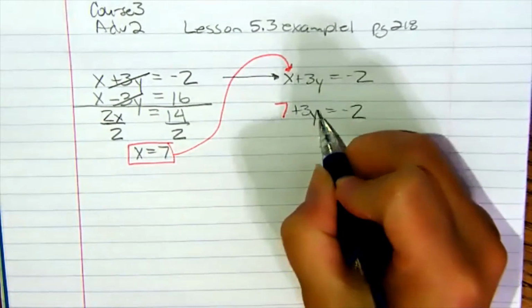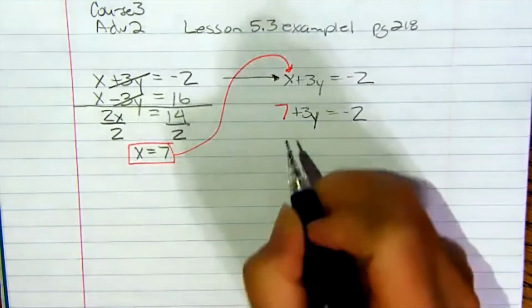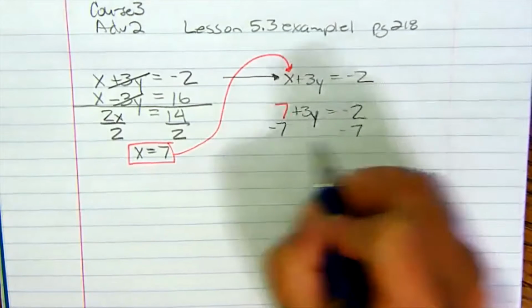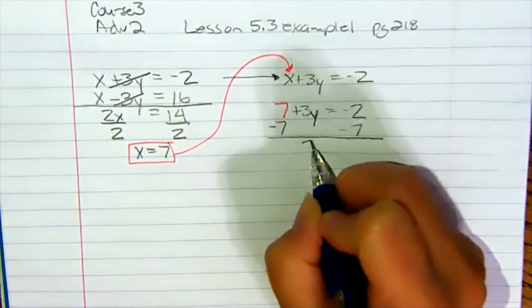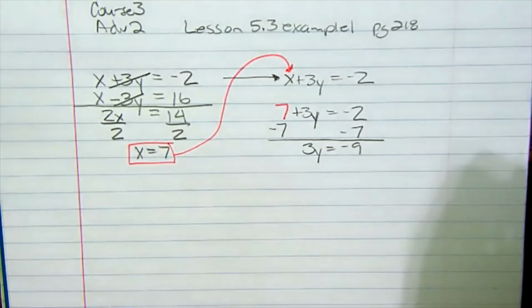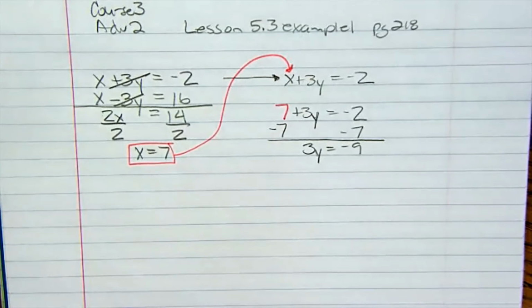I want to isolate my variable. I need to get y by itself. So I'm going to subtract 7 here. And what I do to one side, I must do to the other. 3y equals -9.